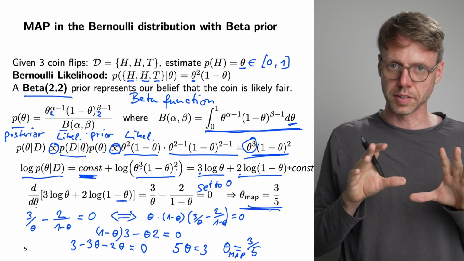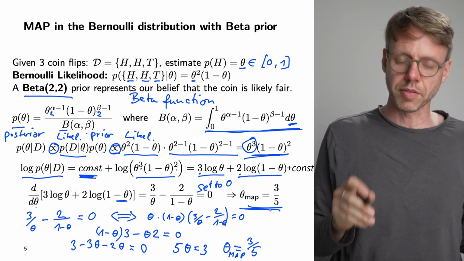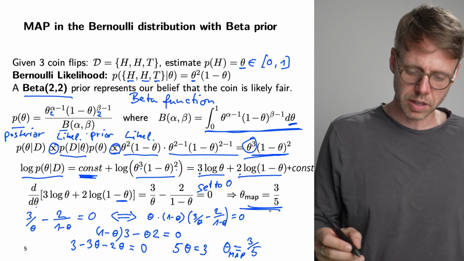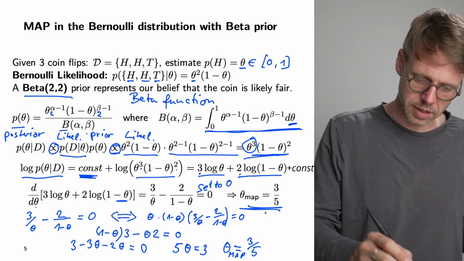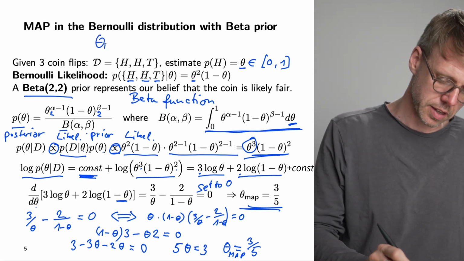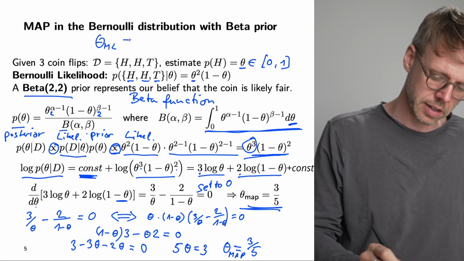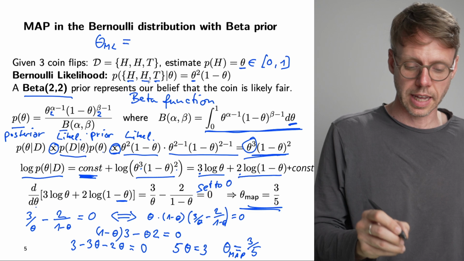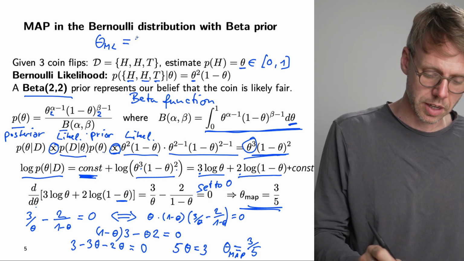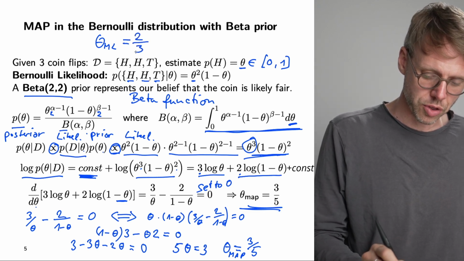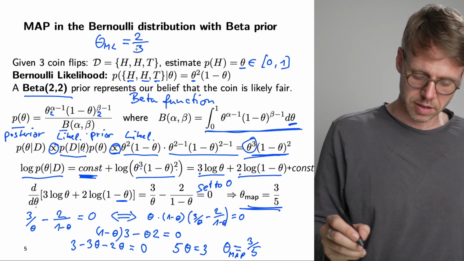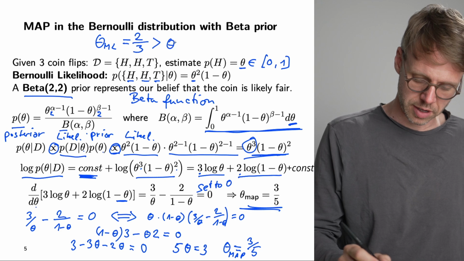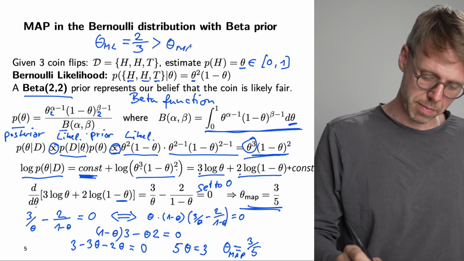Now, it is interesting to note that if we had done maximum likelihood estimation, we would have gotten theta ML equals the relative frequency of heads in this case, which would be 2/3, which is larger than our theta MAP.